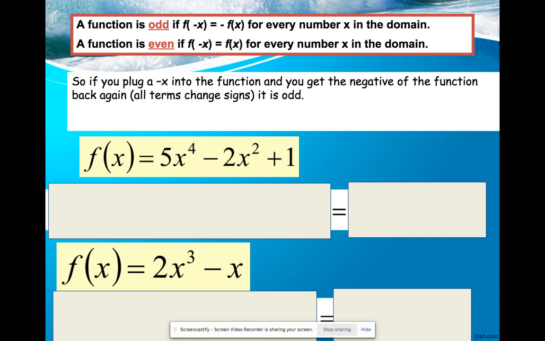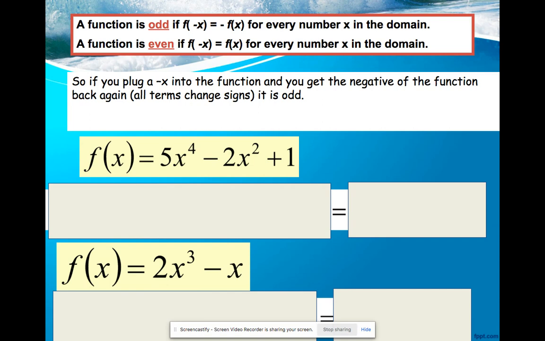But anyways, I'm not going to read the definitions for you because the definitions can be a little confusing. So I'm just going to read this little blurb here for you. If you plug in a negative x, what I mean by this is that you're going to replace all of your x's with a negative x in the function and get a negative of the function back again.